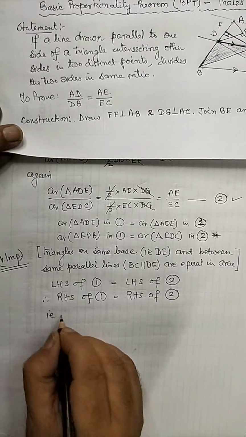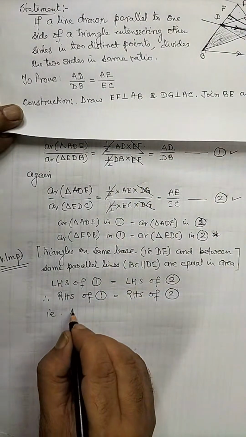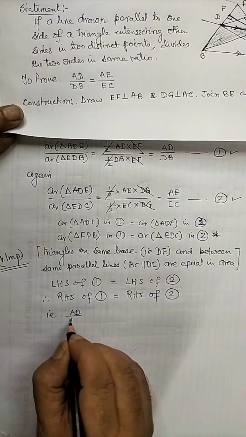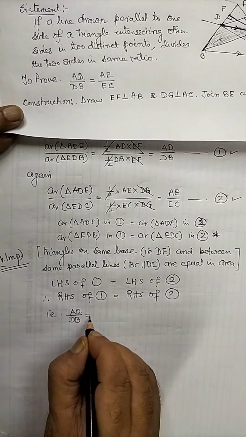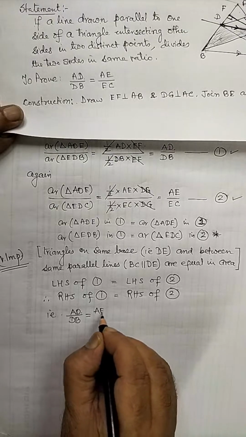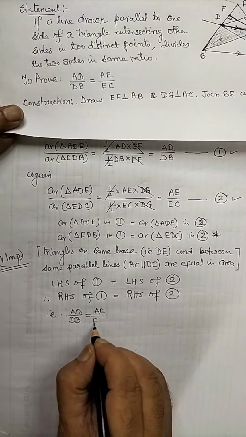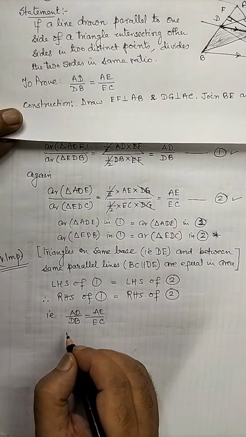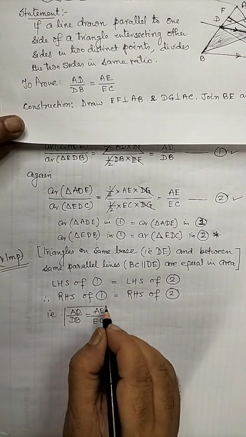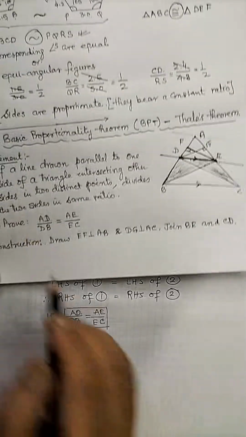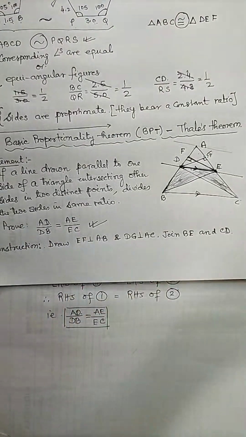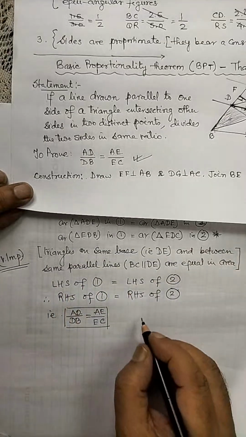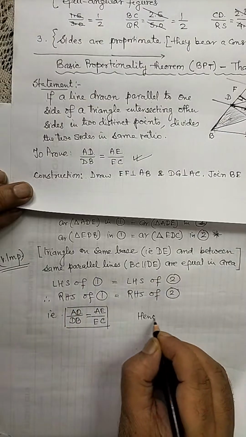That is AD by DB should be equal to AE by EC. And this is what we had to prove. यही हमें prove करना था. Fine. Hence, proved.